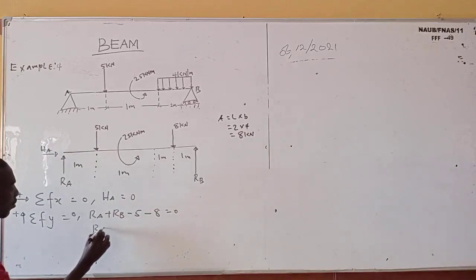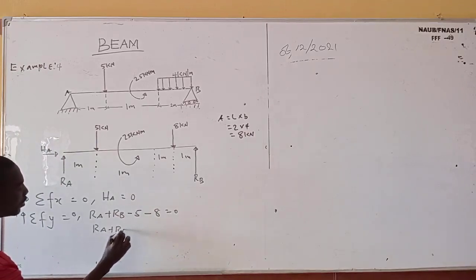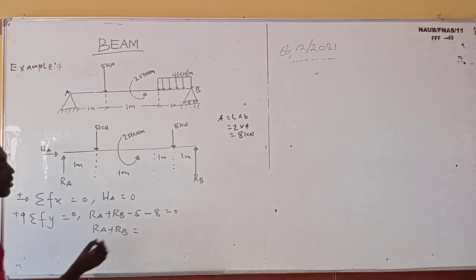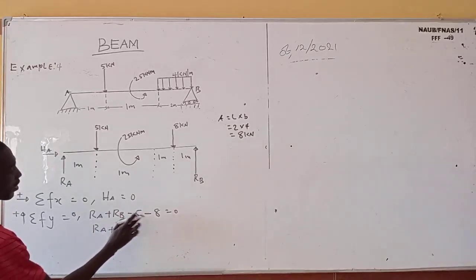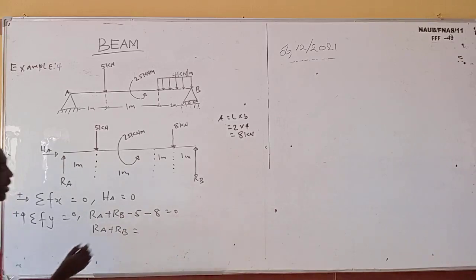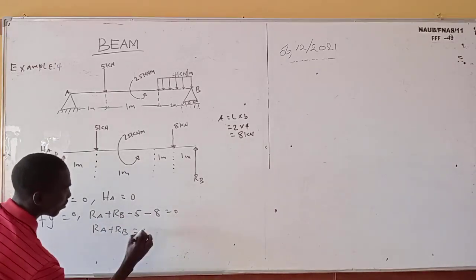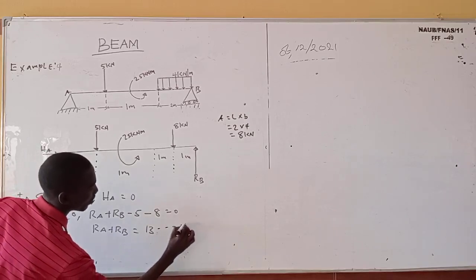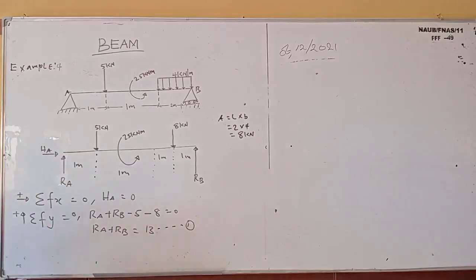So R_A plus R_B will be equal to minus 5 minus 8, which is minus 13. When it crosses, it's going to be 13. So that is equation 1. I hope we get this.